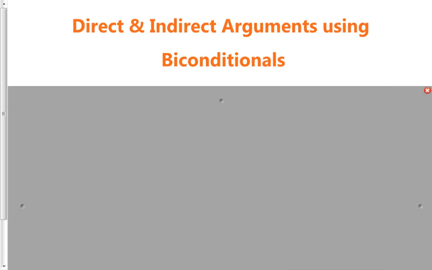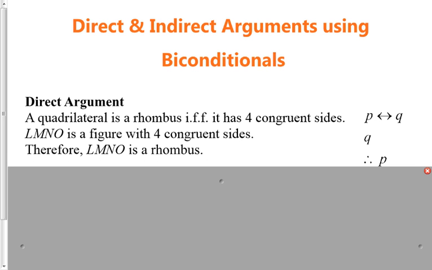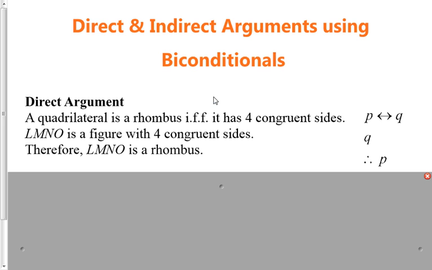Next, we're going to look at some of the rules of logic using biconditional statements. Specifically, we're going to look at the direct and the indirect arguments. Let's start with the direct argument. A quadrilateral is a rhombus if and only if it has four congruent sides.